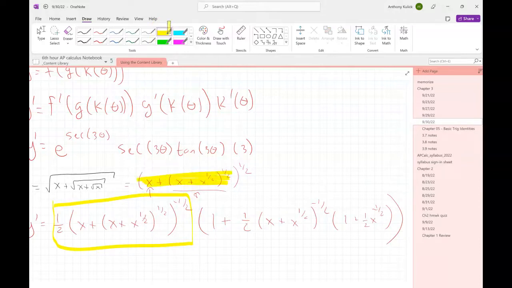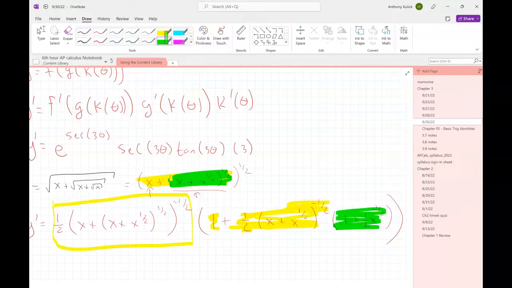So when I get to the x, that's the 1. Good with that. When I get to the plus, the quantity x plus x to the 1/2 all to the 1/2, that requires a chain rule. So that's the derivative of the outside for this piece. And then this would be the derivative of its inside.